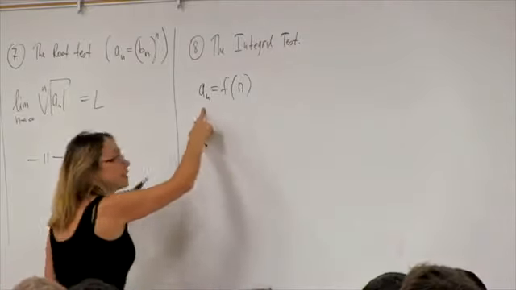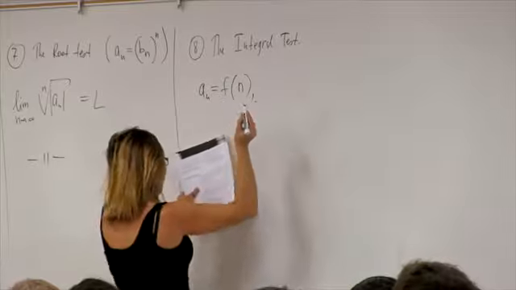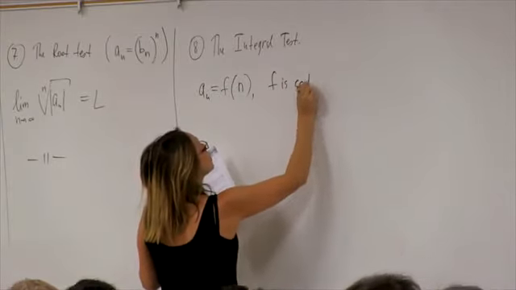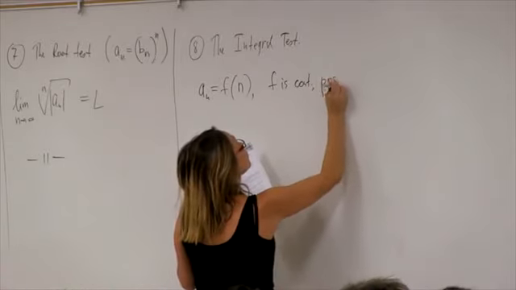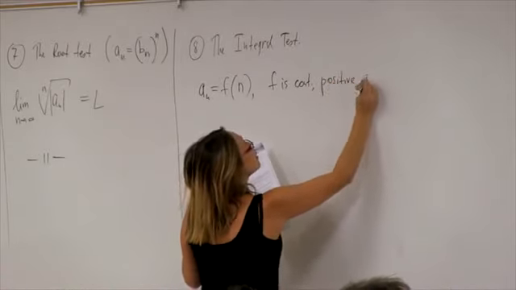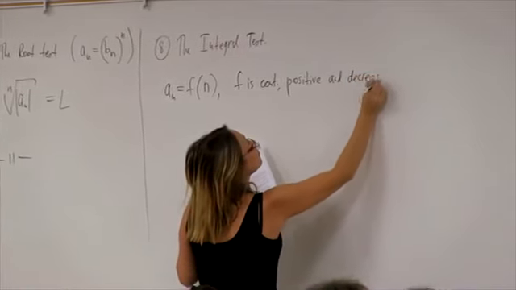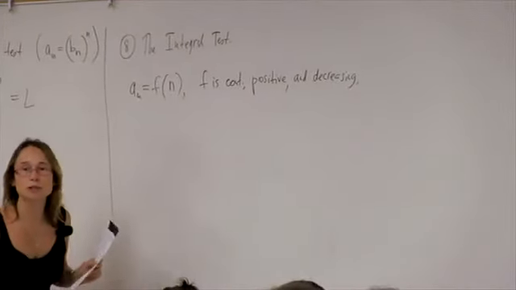So let's suppose that I can express an as this function, and f is continuous, positive, and decreasing. So there are three things that I have to check for the function f.